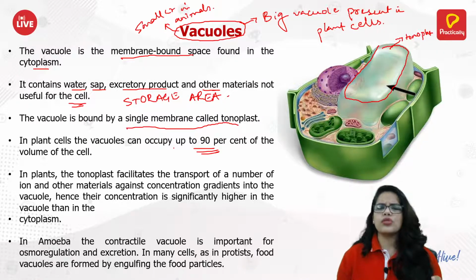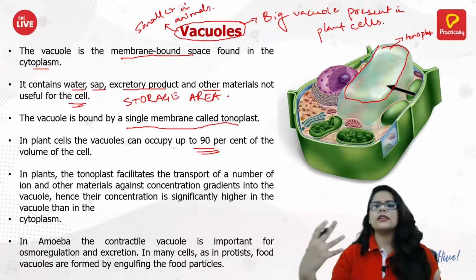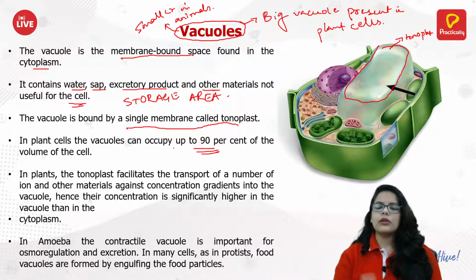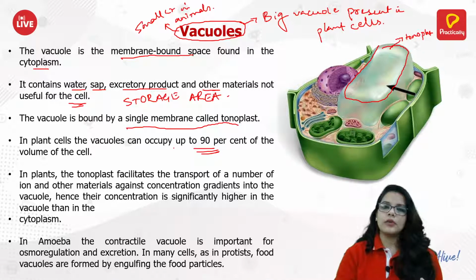So 90% of the plant cell is captured by the vacuole. It's so huge. The rest of the organelles, such as mitochondria, nucleus, and chloroplast, everything lives in the rest of the 10%.